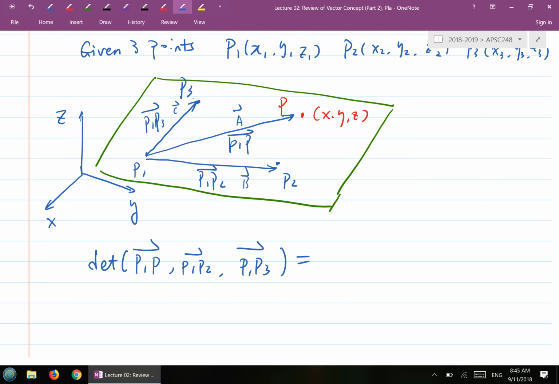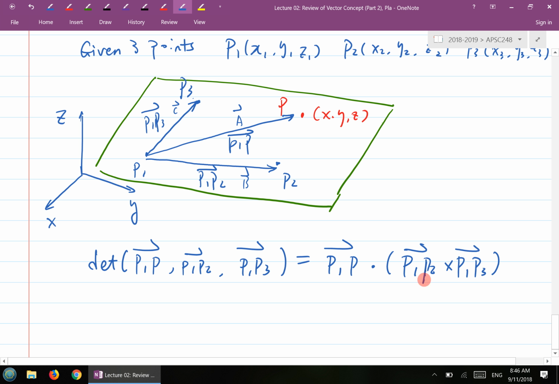Alternatively written as A dot B cross C, same meaning, right? And this is 0 because that's the volume.